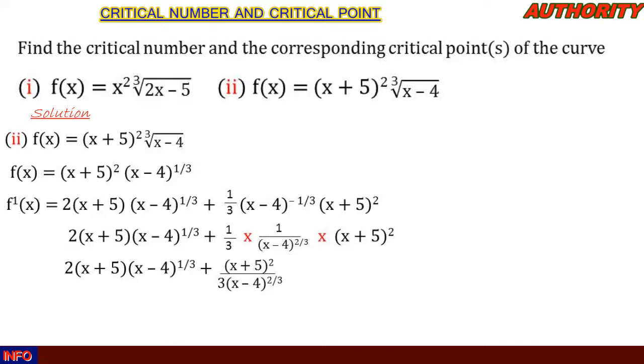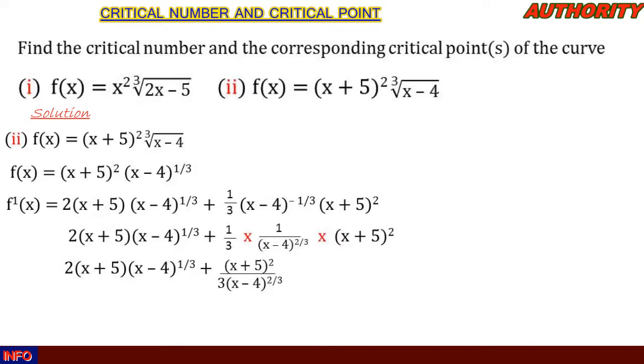So when we multiply, we are going to have x plus 5 in bracket raised to power 2 all over 3 open bracket x minus 4 in bracket raised to power 2 all over 3. Let's combine these together. We have the LCM to be what? 3 open bracket x minus 4 in bracket raised to power 2 all over 3.